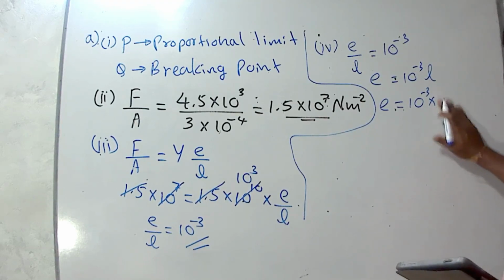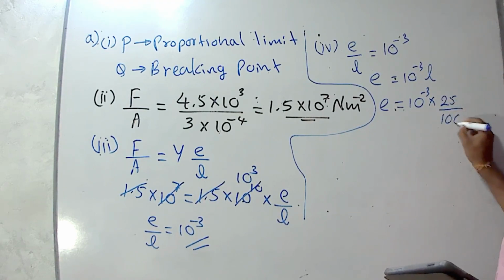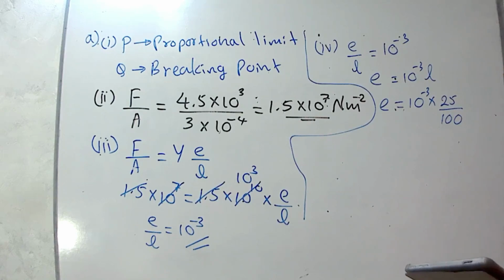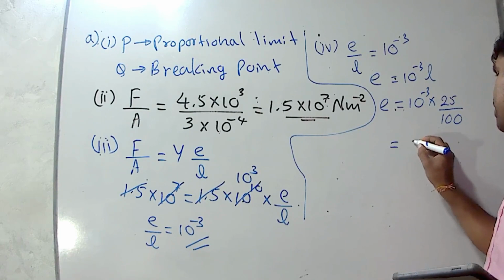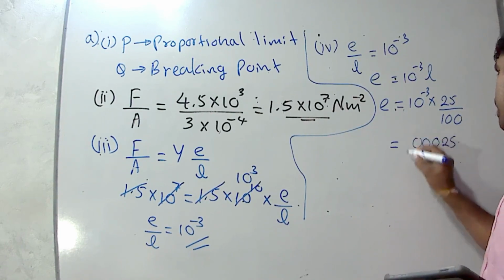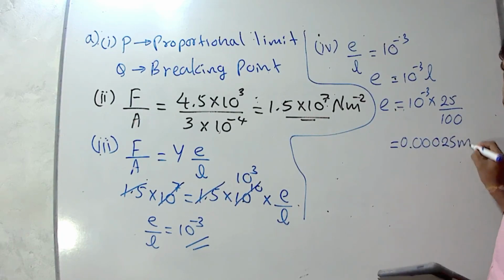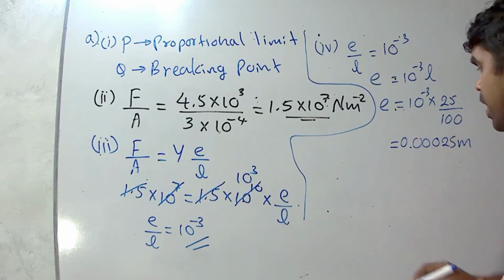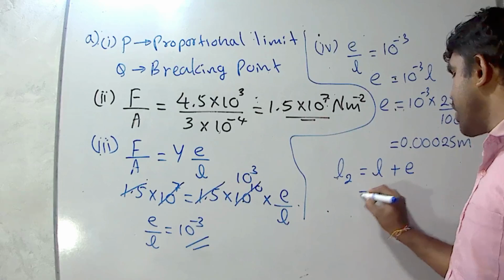25 centimeters we can write as 25 divided by 100 meters, then 25 × 10^-5, which gives 0.00025 meters. It is the extension. Therefore, final length is initial length plus extension.